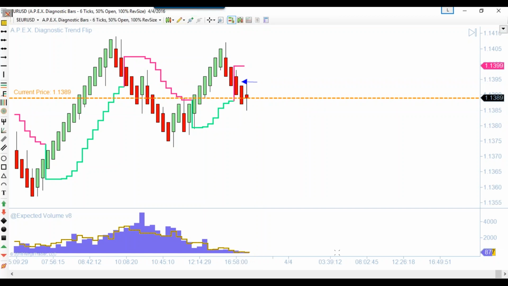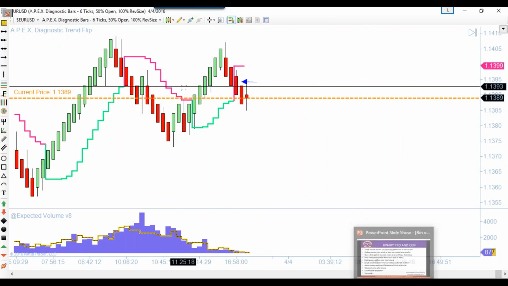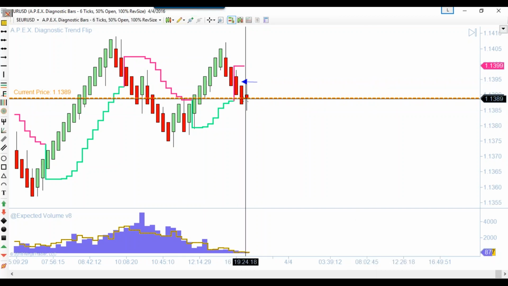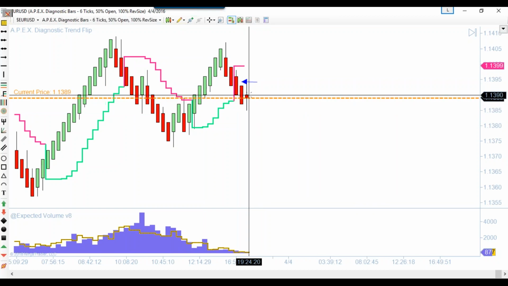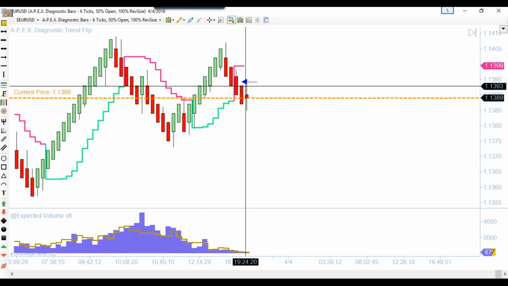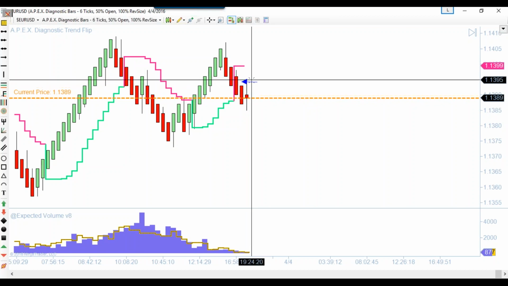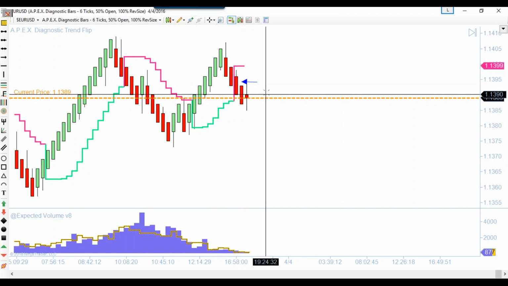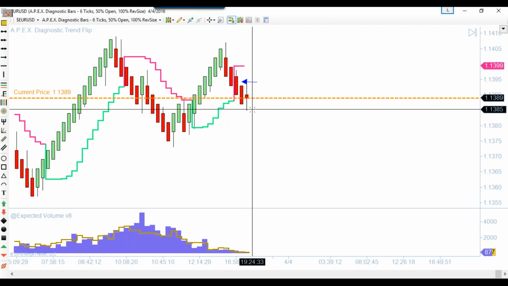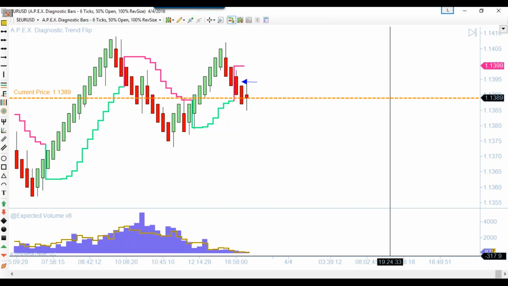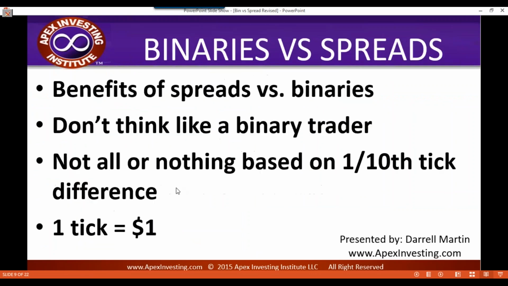Okay, so the nice thing about binaries is that with no movement, or just a little bit of movement, even a little movement against you could still be profitable. The negative is that just 1/10 of one tick against you by your expiration time can mean the difference between winning and losing. All right, so that's kind of the risk reward there of binaries.